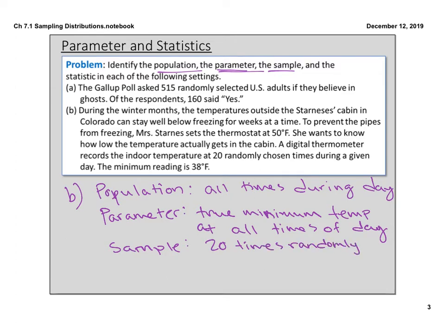So the 20 times that she randomly chooses are her sample. And then the statistic is the sample minimum temperature, or in other words, 38 degrees Fahrenheit.